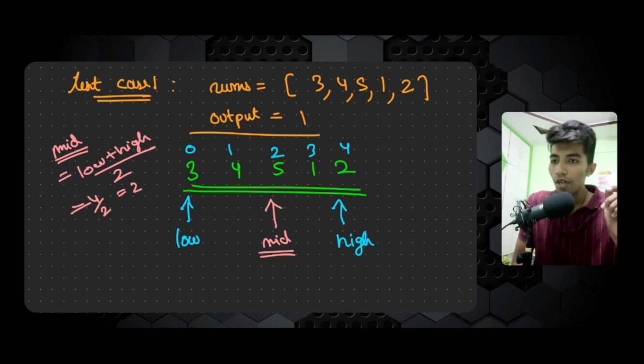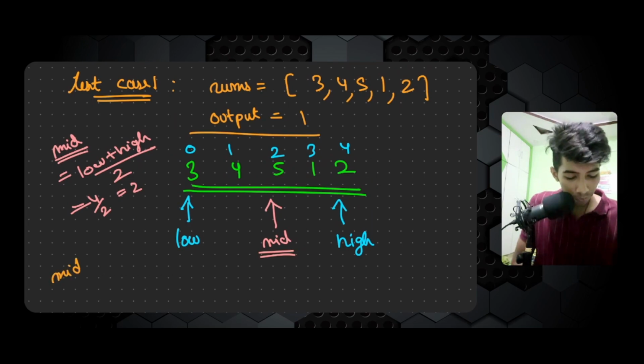Got my point? What I mean to say is, in the first case, if I take an example of mid here, then what I will compare is low with mid.